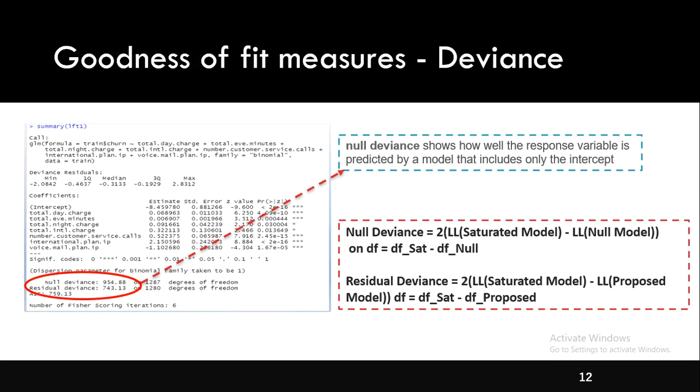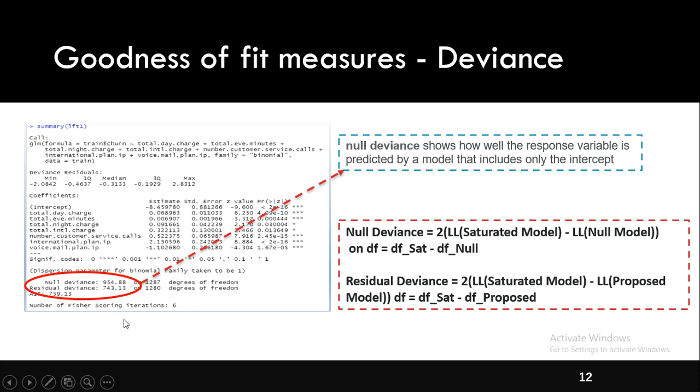Next, we will see what is deviance. Deviance is another measure of goodness of fit of a model. Here you can see null deviance and residual deviance. Null deviance refers to the null model, that is an intercept only model. The residual deviance refers to the trained model. The residual deviance is calculated from the model having all the features.